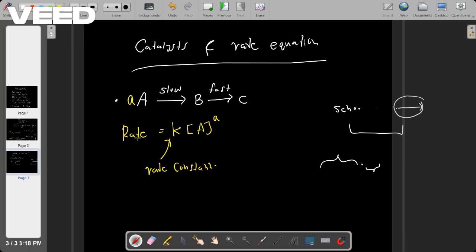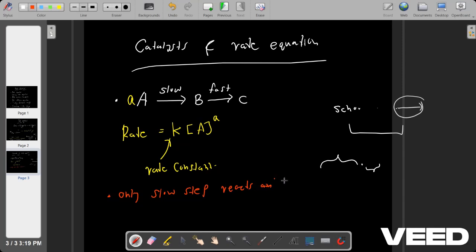Now B is not here. Why? B is in the fast step. Only slow step reactants are written in the rate equation in a multi-step reaction. Right? Write that down. Only slow step reactants are written.